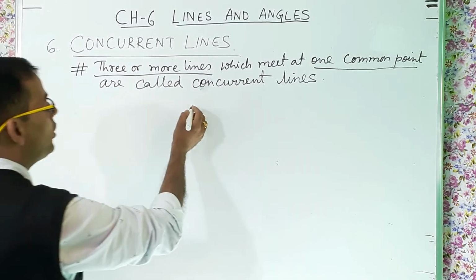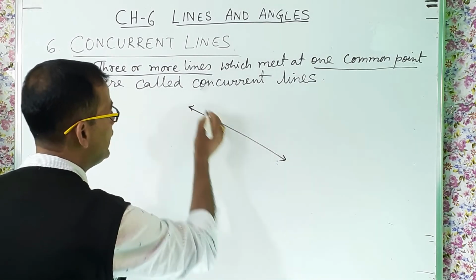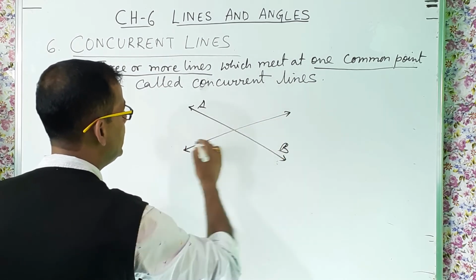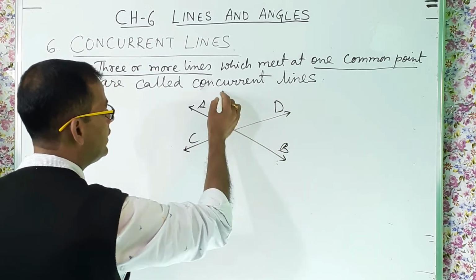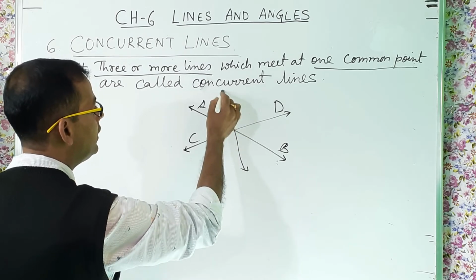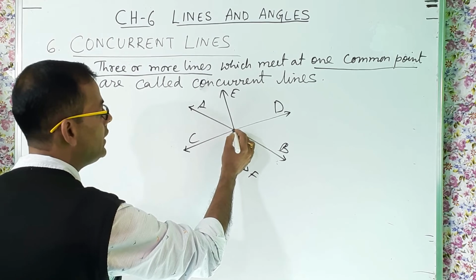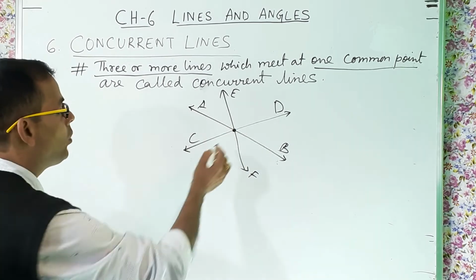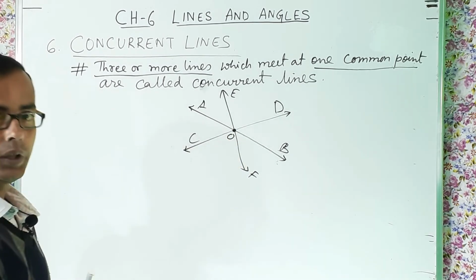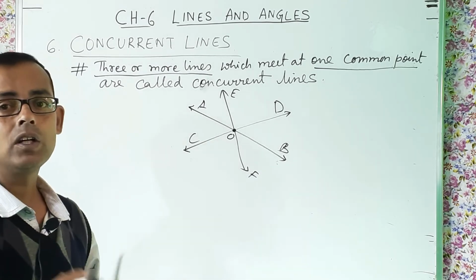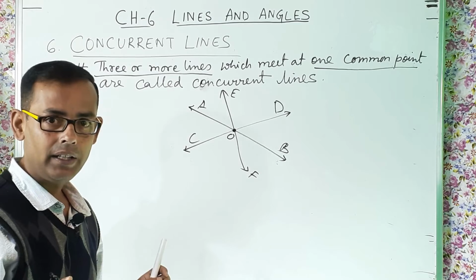If I want to draw, suppose this is one line AB, this is another line CD, and this is another line EF. Understood? And they are meeting at one point. If I give this point the name O, then AB, CD and EF are known as concurrent lines.